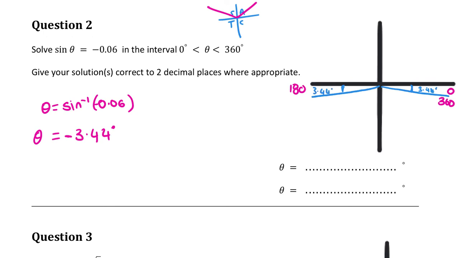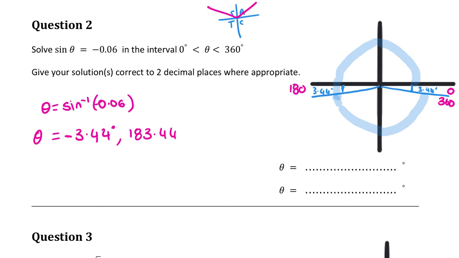So now I'm going to start again at 0. We head to 90. Have we intersected yet? No. We get to 180. Have we intersected yet? We get to this line. Have we intersected? Yes. What is this value? 180 plus 3.44, so 183.44. Brilliant. I keep going. I get here to 270. No. Keep going. I intersect here. How would I find this one?